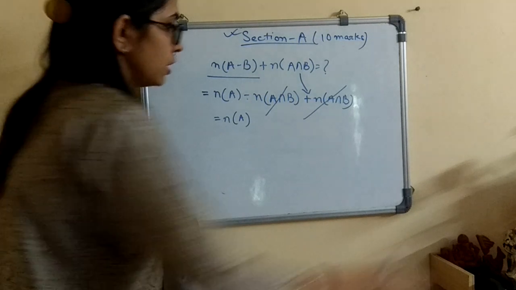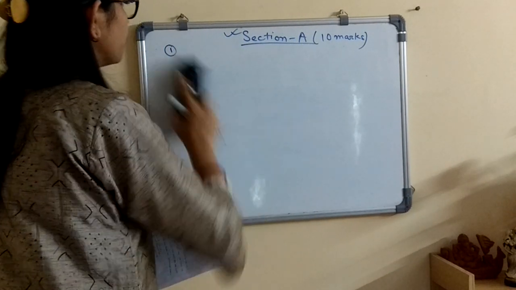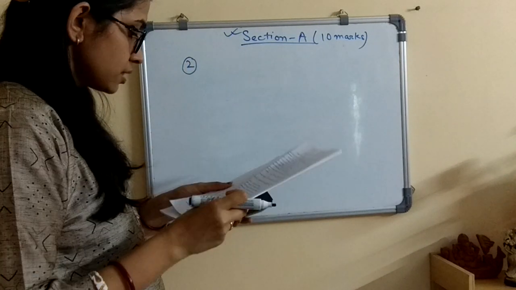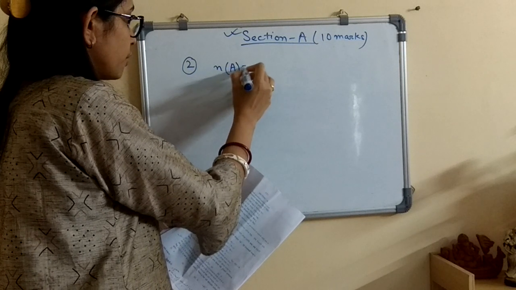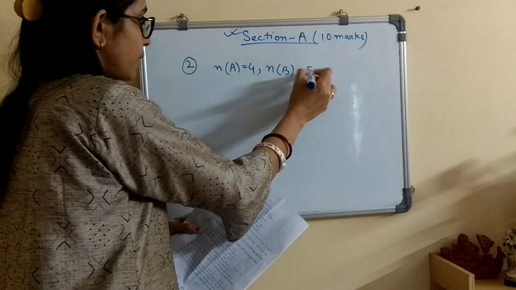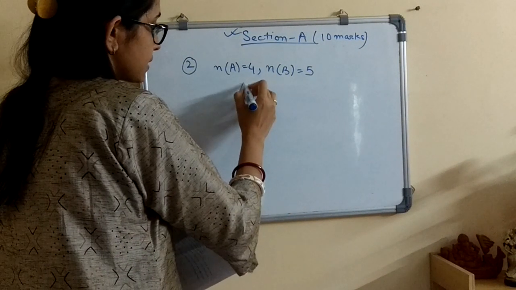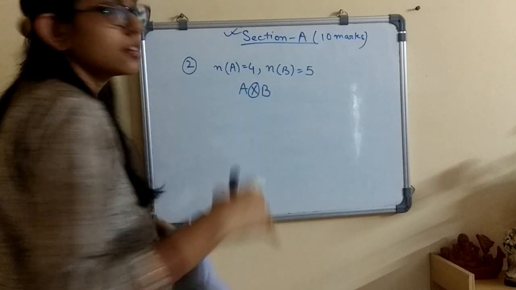Fine. Our next question is question number 2. If n of A equals 4 and n of B equals 5, then what is the total number of elements in A cross B? What does this cross signify?